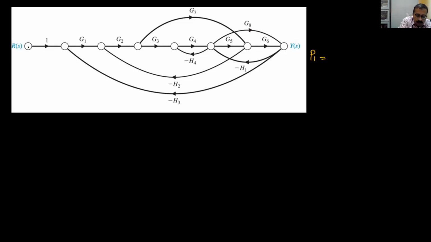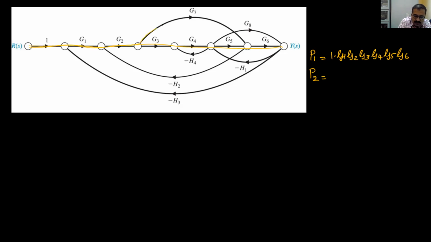The first forward path is 1, G1, G2, G3, G4, G5, G6, and that is the path gain. The next path is 1, G1, G2, G7, G6.